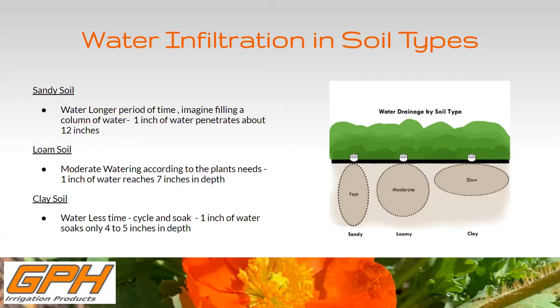The loam is the best, of course, with the seven-inch depth, and that's what everyone wishes they had for soil. And then the clay is something you have to consider, because when irrigating with drip, the water pools on top and can't get through the soil. So the best way to irrigate your plants is to do a cycle and soak. You might have to run it more than once that day just to get that water to the plant.